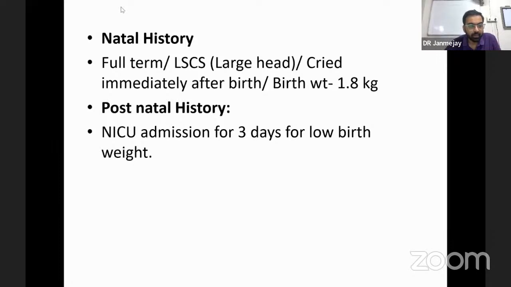Natal history: baby was delivered at full term by LSCS due to large head. Baby cried immediately after birth and had a birth weight of 1.8 kilogram. After birth, history of NICU admission for 3 days for low birth weight.